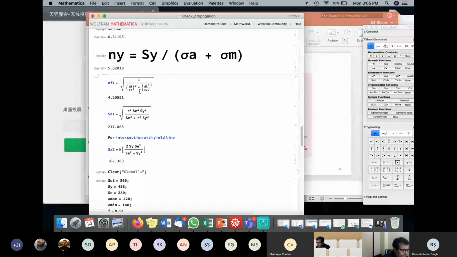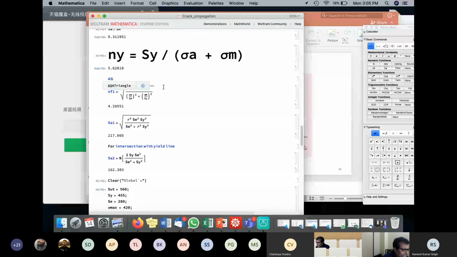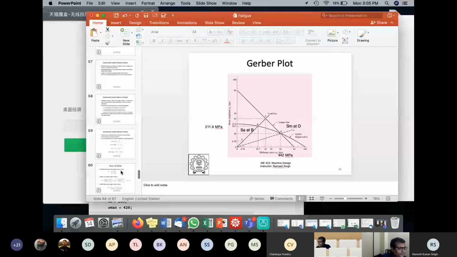If I show you the equations you use, ASME elliptic factor of safety looks something like this, right here.